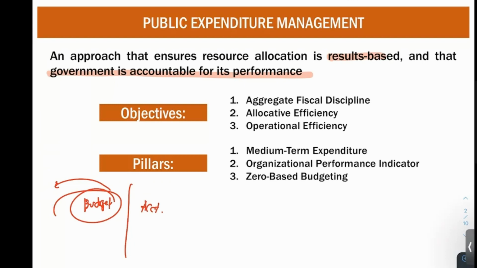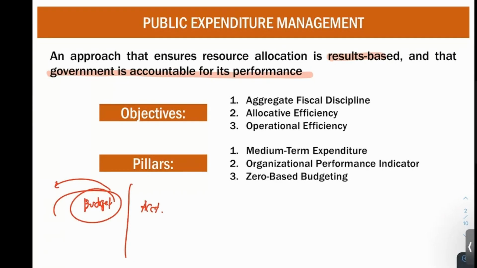So first is aggregate fiscal discipline. When we say aggregate fiscal discipline, we said before that the funds must be with a ceiling or with a particular control mechanism. If you still remember the different control mechanisms on our accounting system, we have your fund, obligation, and CDC.